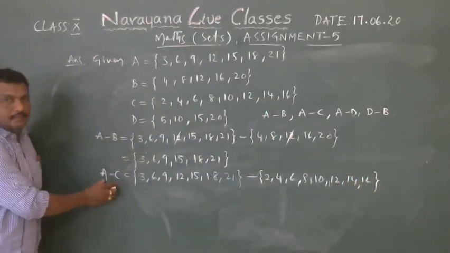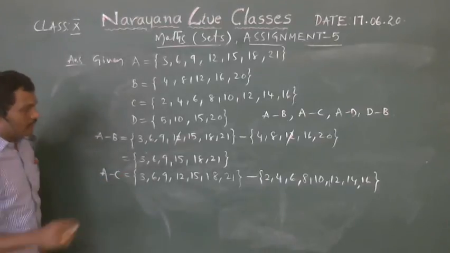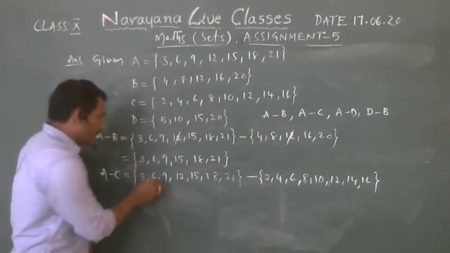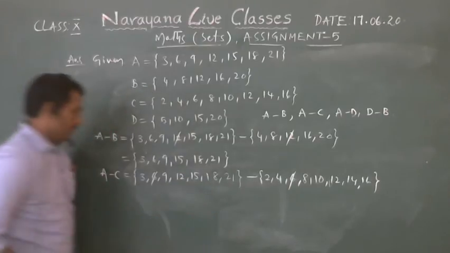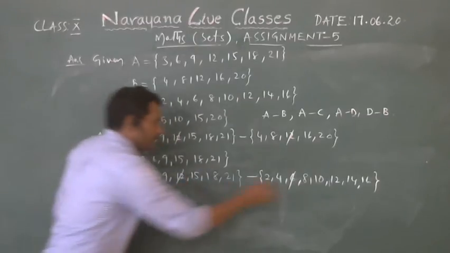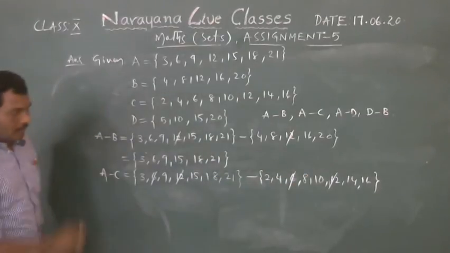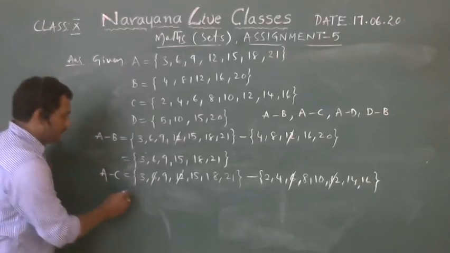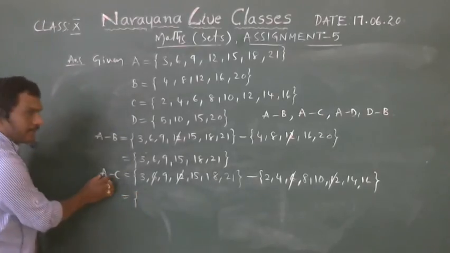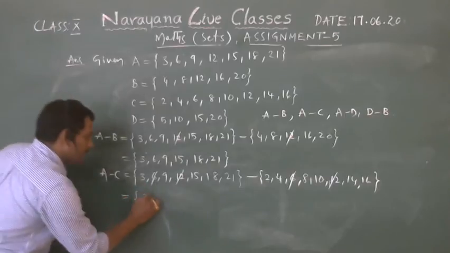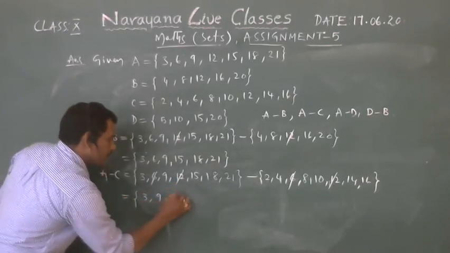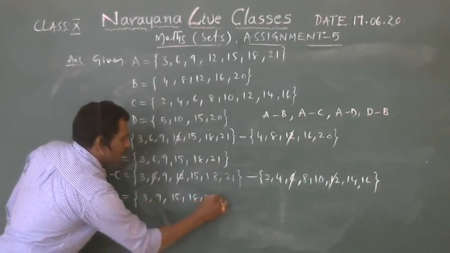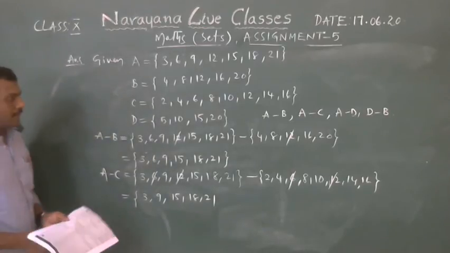For A minus C, the common elements will be removed first of all. Here common element 6, other common element 12. No other common elements in A and C. So the remaining elements of A that do not belong to C are 3, 9, 15, 18, 21.